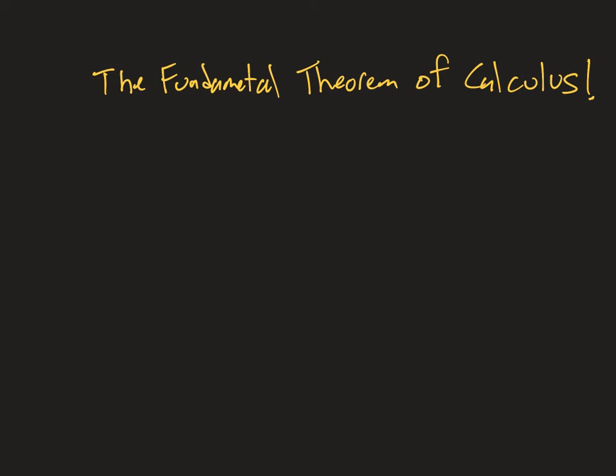So here it is, the fundamental theorem of calculus. All the stuff that you sat here listening to culminates in this equation. If we want to know the area under a curve from A to B of a function f of x, we represent that as the definite integral from A to B of f of x dx.